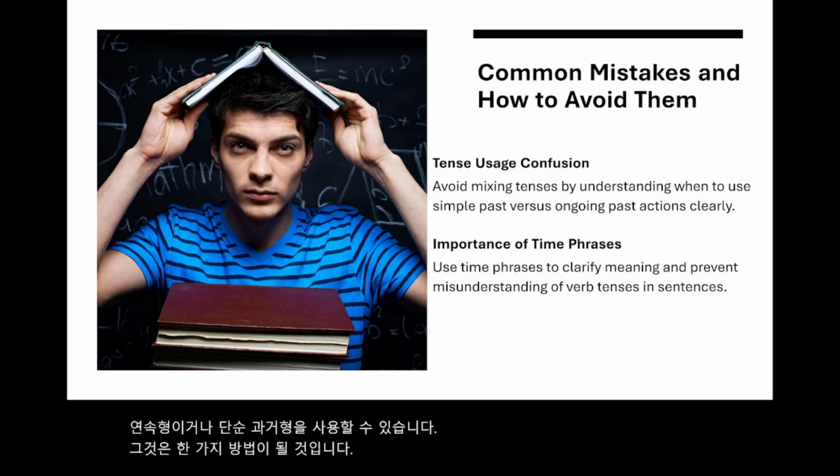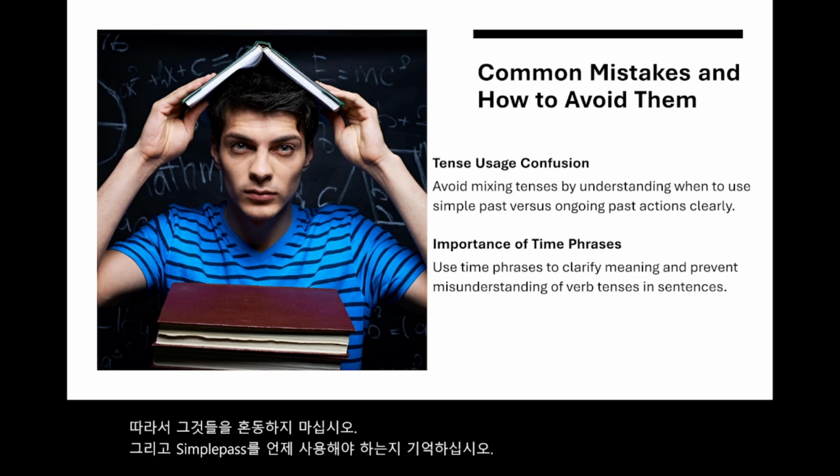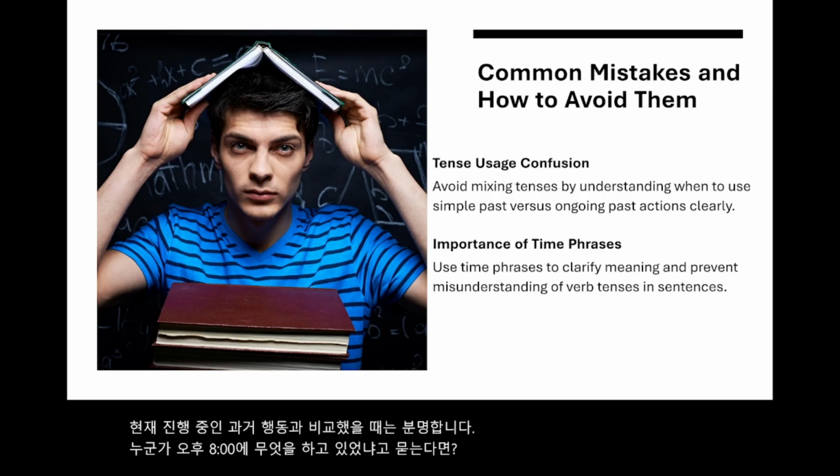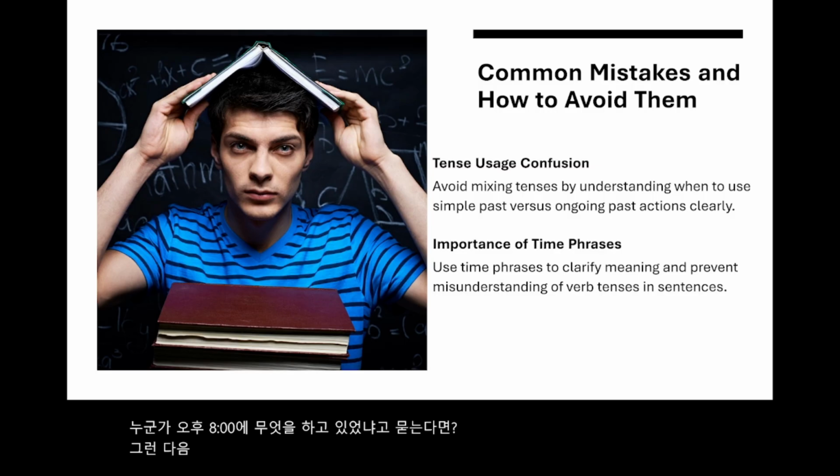So yeah, try to avoid mixing those up and remember when to use simple past versus ongoing past action clearly. If somebody asks, what were you doing at 8 p.m., then you would use the continuous form. I was watching TV. What did you do at 8 p.m.? You could use either. At 8 p.m., I watched TV. Or I was watching TV.